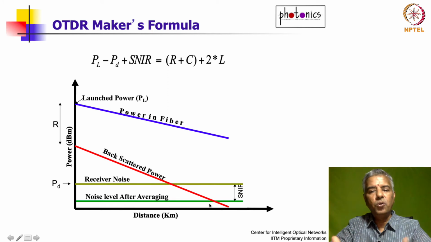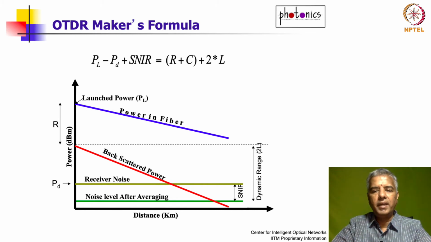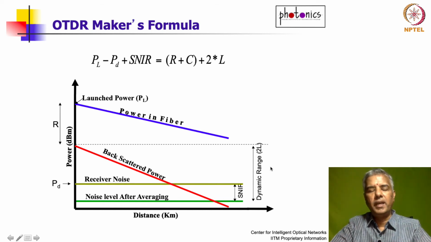So you have improved the overall distance over which you can get this signal. And this is called the dynamic range, from the point you start seeing the backscattered power to the point it disappears into the noise. That is called the dynamic range of the instrument, and that's a key parameter that we look at when we design this OTDR.